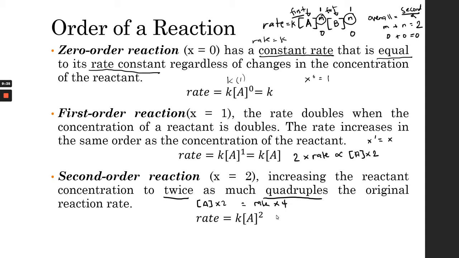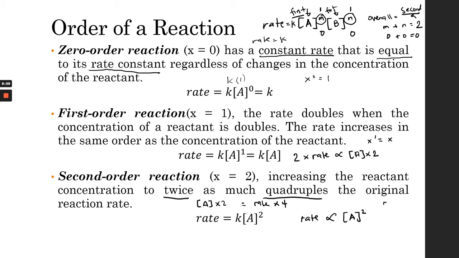Bakit kaya? So going back to the rate law, rate is equals to k times the concentration of A raised to 2. Familiar naman kayo sa second power, tama? So, yung proportion ng rate ko is basically directly proportional siya sa A raised to 2.